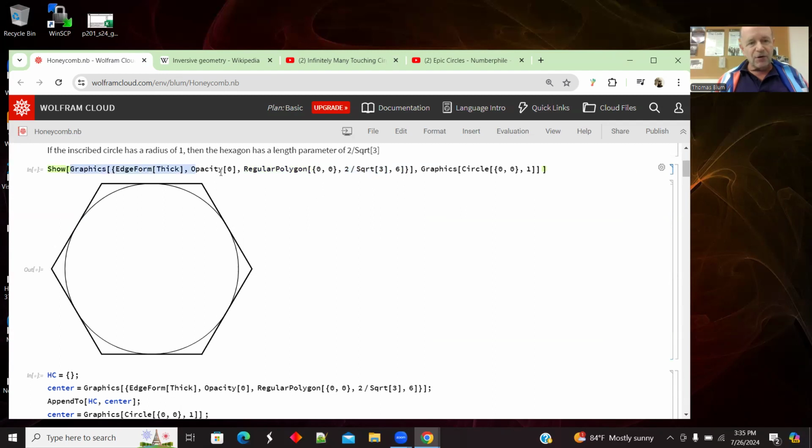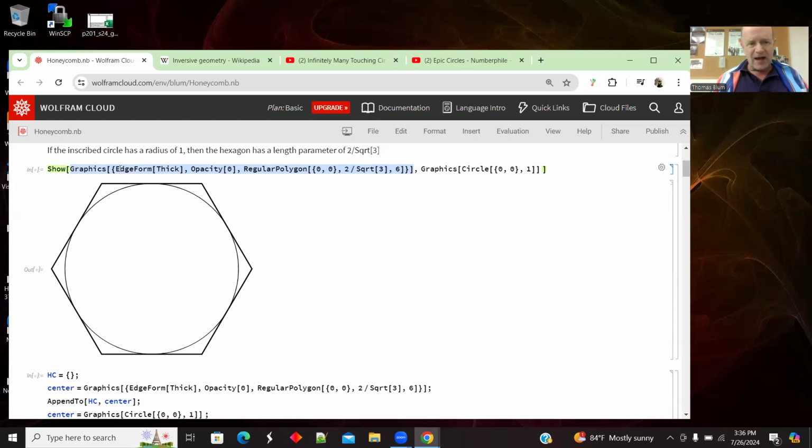So I have a graphic. Here is my one graphic to get the hexagon. In addition to the regular polygon that I'm plotting, I added an EdgeForm with Thick. Some things default differently: a circle defaults to an empty outline, whereas the regular polygon defaults to being filled in.